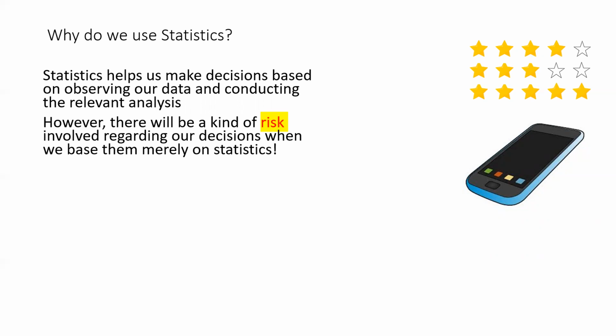So you decide to buy the phone because you believe that it's more likely to be good since many people loved it. However, there will be a kind of risk in your choice when being based merely on statistics.